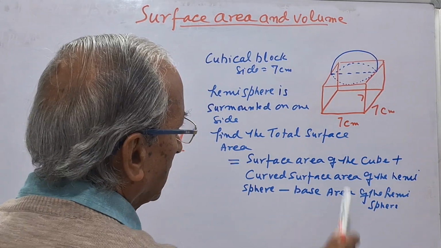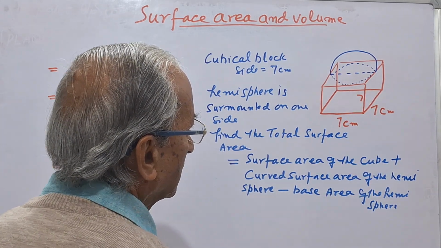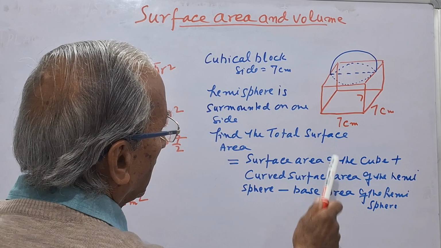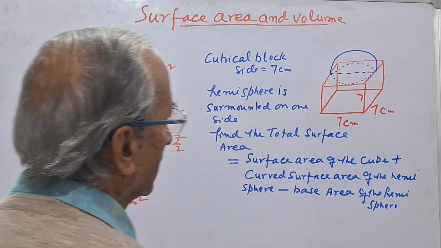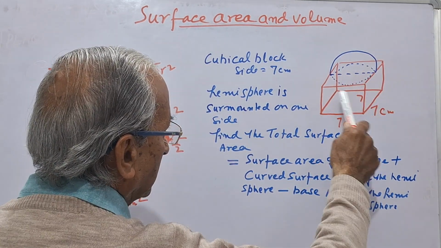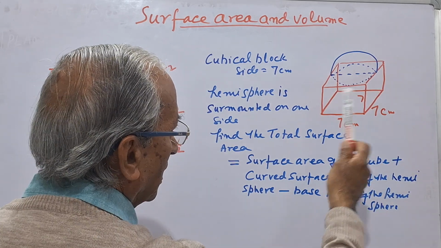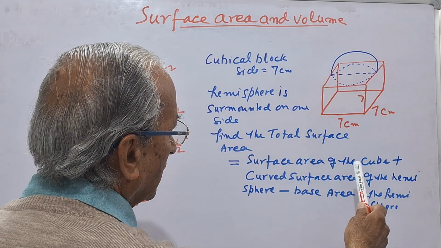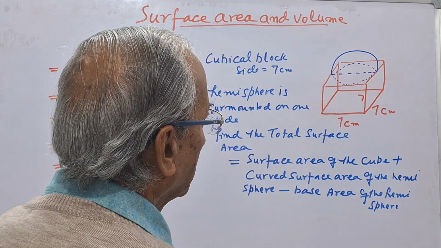And you see the hemisphere on the top side of the block, the side of the block will be the diameter, and when the same hemisphere is on the side, then the base of this hemisphere will be the side of the top.